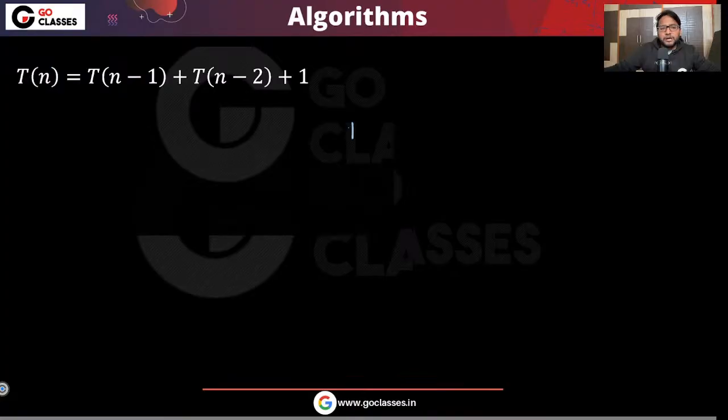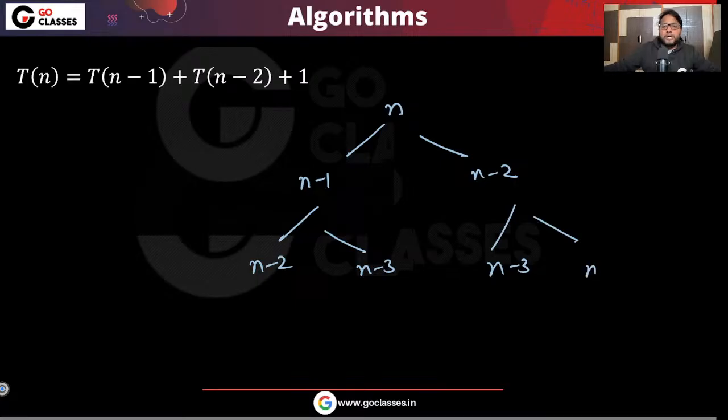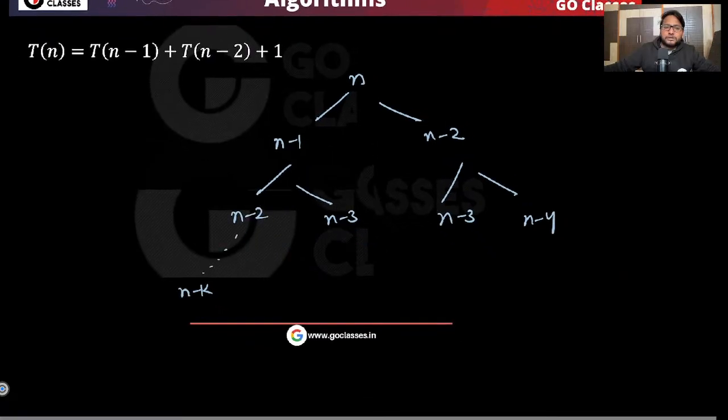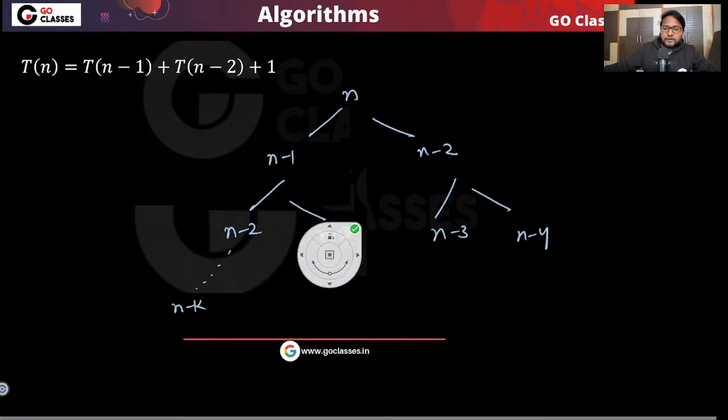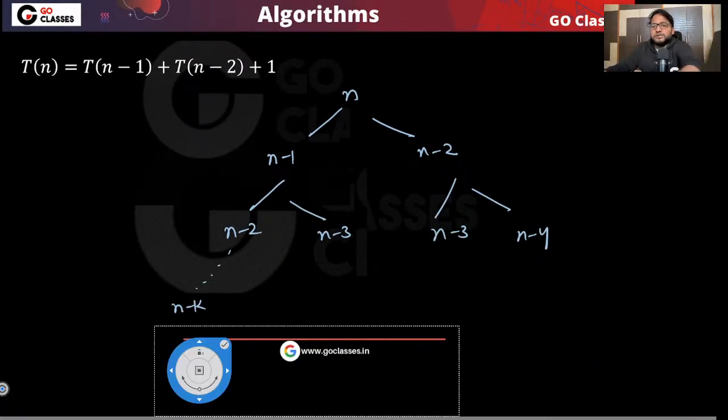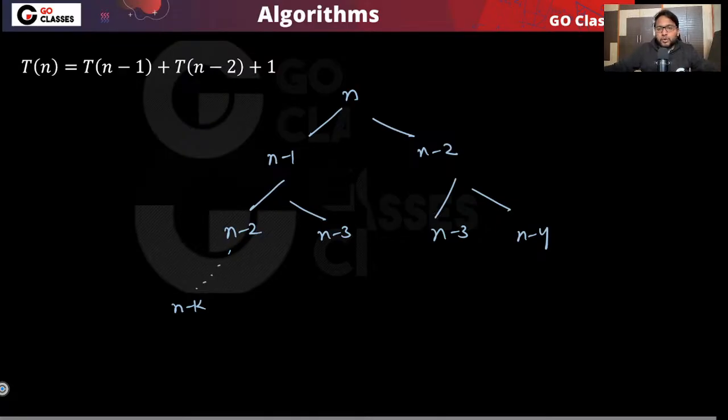See here, you are having n. You are dividing into n minus 1, n minus 2, and then this will be n minus 2, n minus 3, and so on, and this is n minus 3, n minus 4. Now tell me, what is the branch that will first get terminated? This branch, right? This is n minus k, and it will first get terminated, and this will last get terminated, because here you are just subtracting by 1, and here you are subtracting by 2.